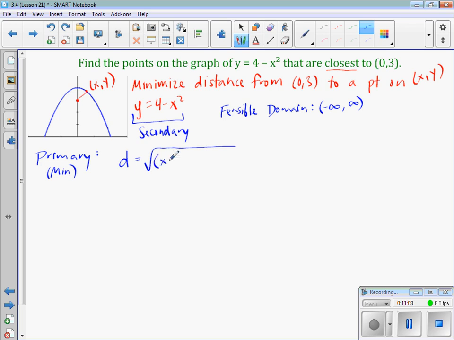Yep, x minus, so I'm taking my x minus my 0, squared, plus y minus 3 squared. Now this has too many variables in it. I don't like those extra variables, so I'm going to replace the y with 4 minus x squared, because that's my secondary equation there.